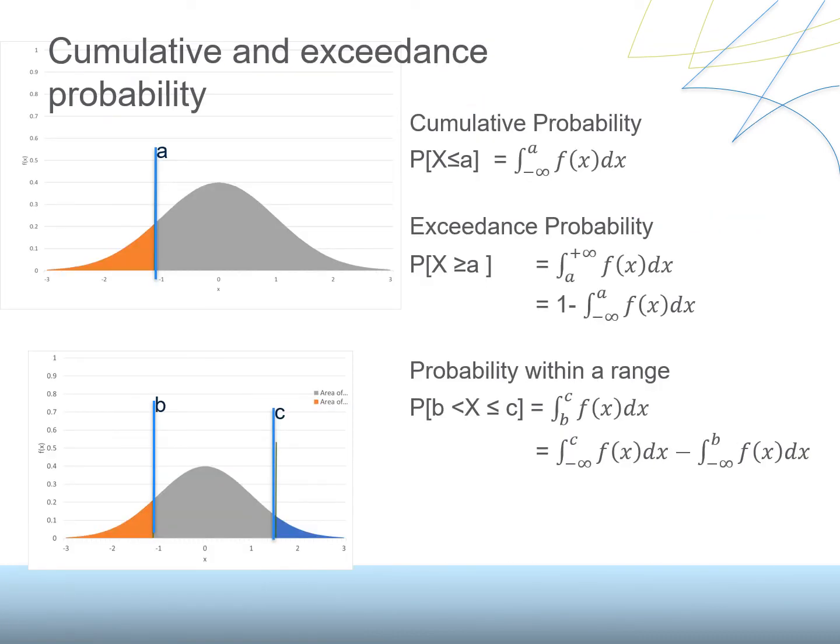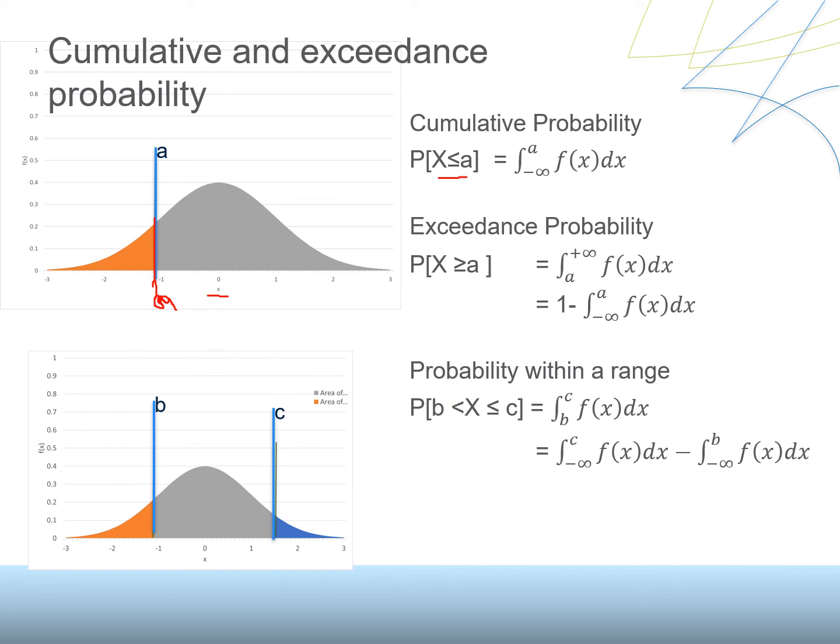Now, we identify the region, and we integrate the PDF over this region to obtain the associated probability. So let's say we want to find the probability of x being less than or equal to a. This is the random variable x, and this is the value a.